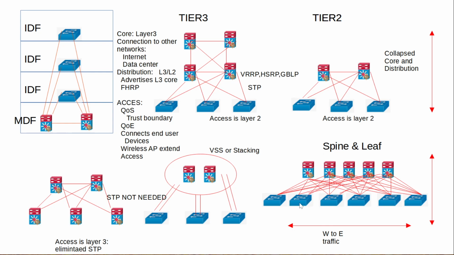And the leaf layer can run IP, so you can run a pure IP environment, and you can use newer protocols like VXLAN and other cool stuff. So you can move traffic between north and south and between west and east quite efficiently. That's it.